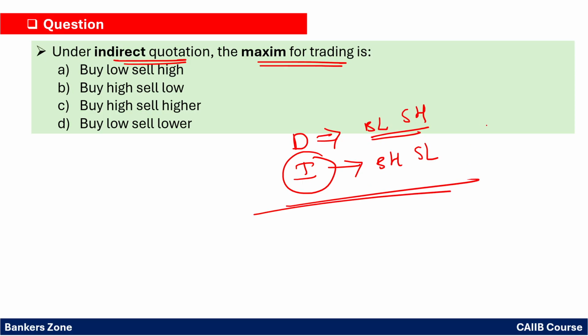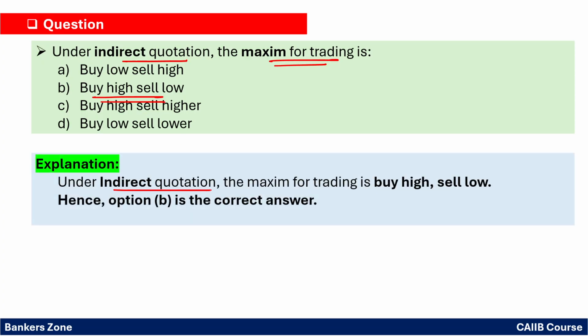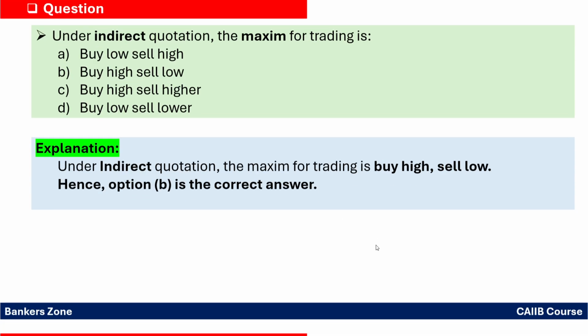Remember, very, very important from the exam point of view, right? So indirect quotation, what is the maxim for trading? Buy high and sell low, right? However, in case of a direct quotation, what is the principle? Buy low, sell high. You should remember at least the direct one. For indirect, you can just reverse it.